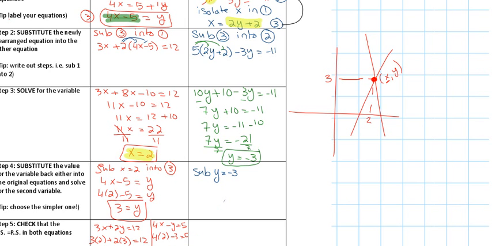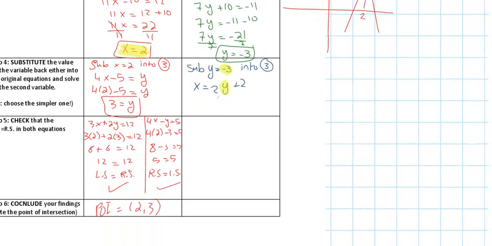So it becomes x equals 2y plus 2. So instead of the y, I'm going to replace that y with -3, because y is equal to -3. So that's going to be x equals 2 times -3 plus 2, which is -6 plus 2, which is -4. So y equals -3 and x equals -4.